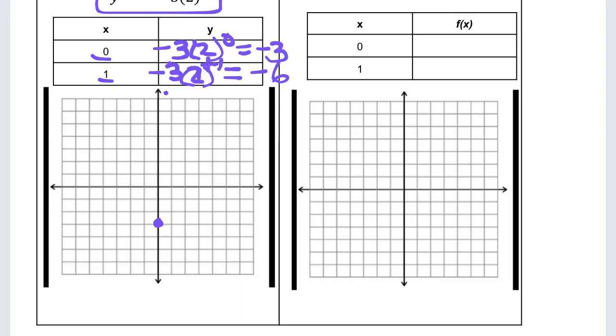Plotting the point at 1, -6: 1, then down 1, 2, 3, 4, 5, 6. Giving us the graph, such as this one, as the result.